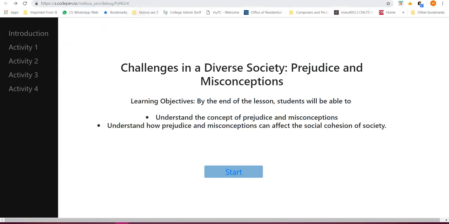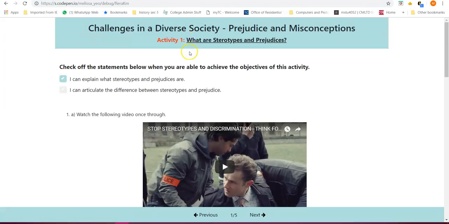So what I did actually was, on the page itself, I actually included the success criteria that were related to the activity. Now, I've actually programmed it such that students can check it off after they have achieved that particular success criteria. And I felt that this actually was an important mini activity for the students to give them the idea that they were in control of their own learning.